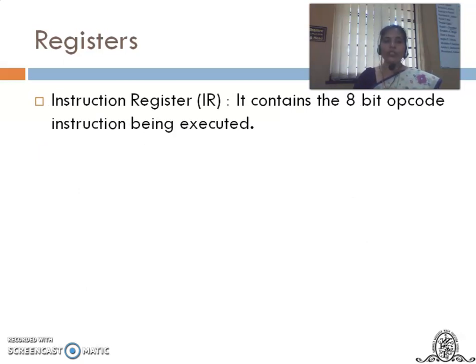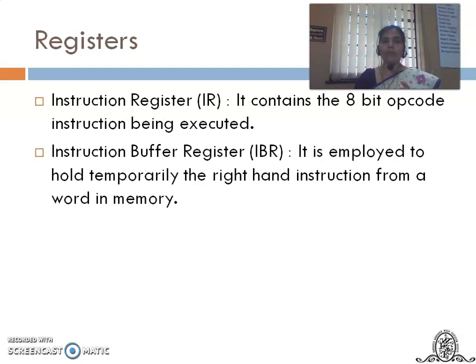Then there are two registers which are associated with instructions. The first one is the instruction register. It contains an 8-bit code, which is the instruction code, and that specifies what instruction is being executed. Instruction buffer register, IBR, it is used to hold temporarily the right-hand instruction from a word in the memory. So it's like a buffer which is used to store the instruction.